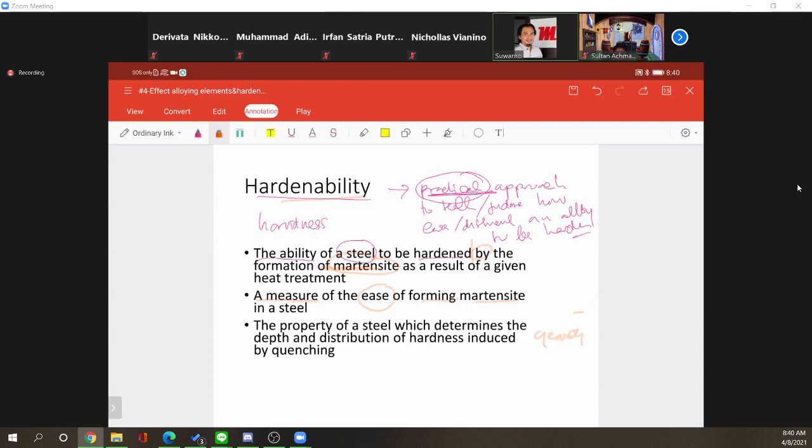Which means that for components, you have different sizes, for example this size and that size.